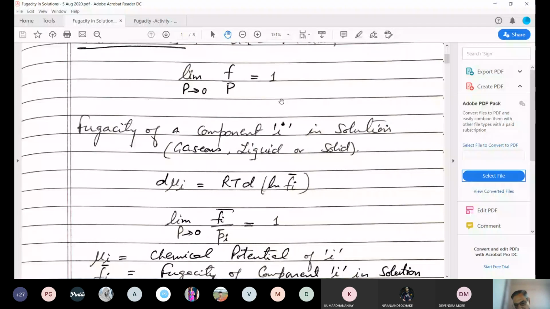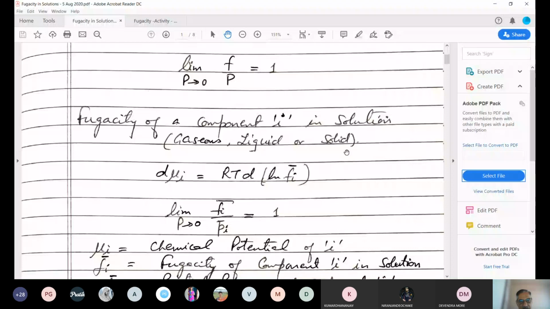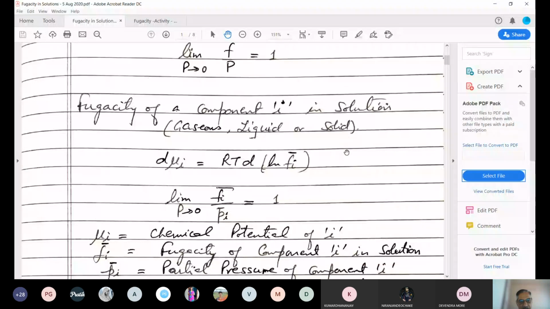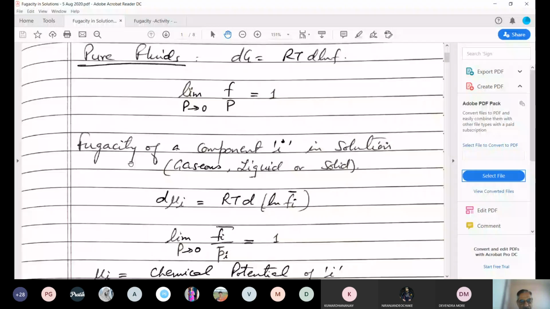But as we get non-ideal conditions or real gases, then we need to define fugacity. Similar to this equation, we can define fugacity of a component i in solution. It can be gaseous, liquid, or solid. For a pure component, G is the property which you use, the molar Gibbs free energy.